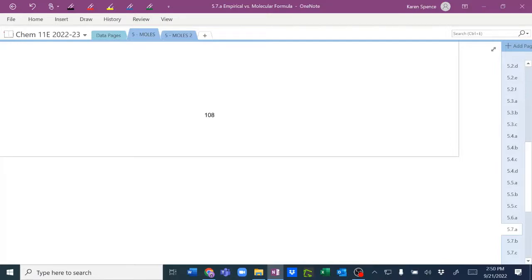And in addition to our materials and a procedure, we are going to have our data and observations.